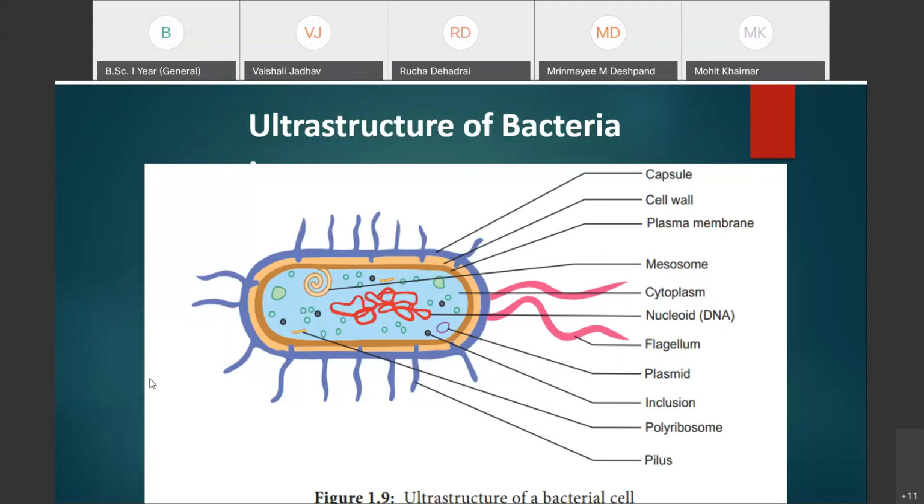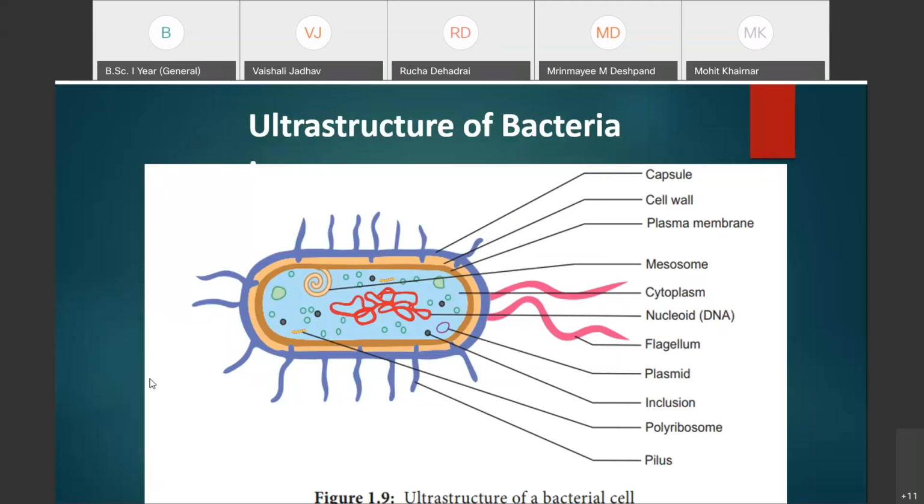Binary means two: from one bacterial cell, two daughter bacterial cells are formed, and in their formation the mesosomes play an important role. They are responsible for the formation of the transverse septum during binary fission. That is all about the mesosomes.